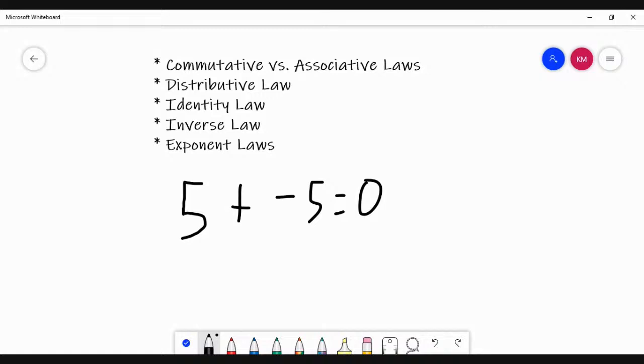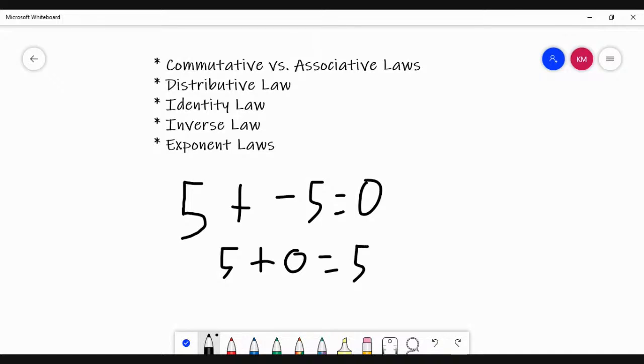This is based on how I figured it out. Of course, there's probably another book that came up with why it's the way it is, but this is my concept as to how this came about. So we know that 5 plus 0 equals 5.